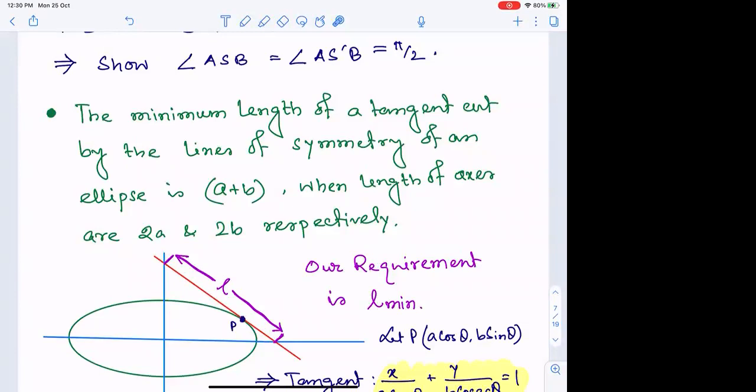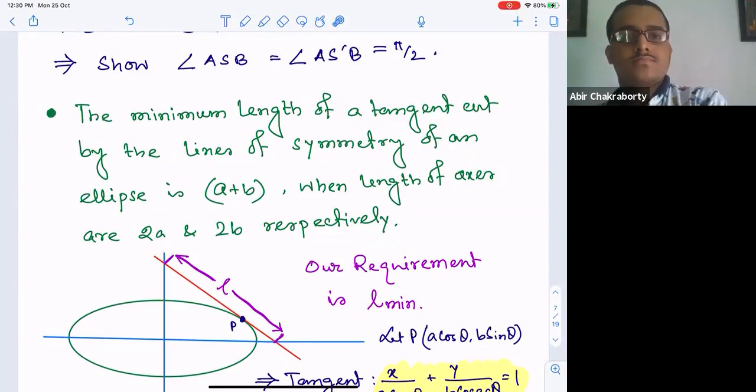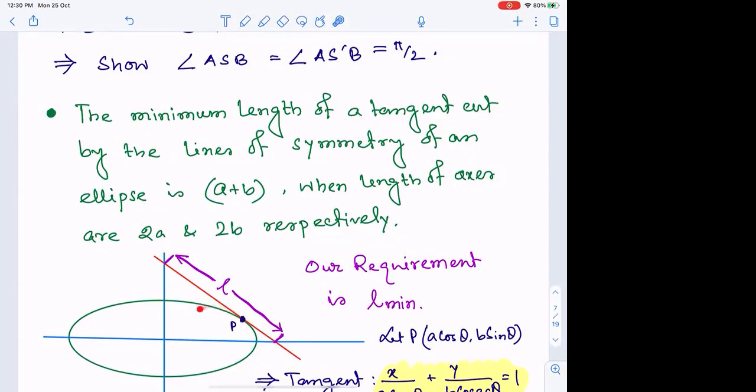Like gradually, if I consider the point of tangency P moving towards the minor axis extremity or major axis extremity, the length will increase, right? Yes, sir. So it will be minimum somewhere intermediately.